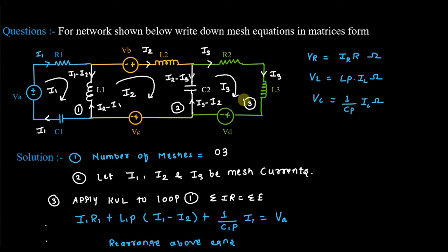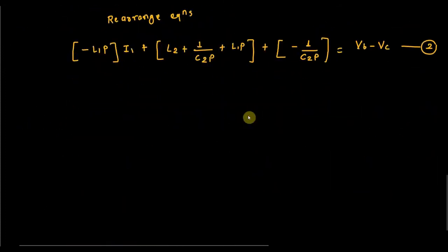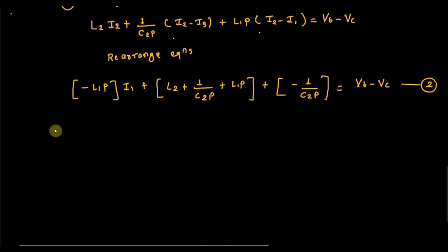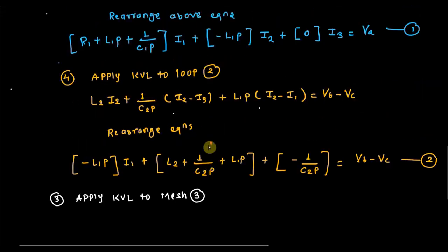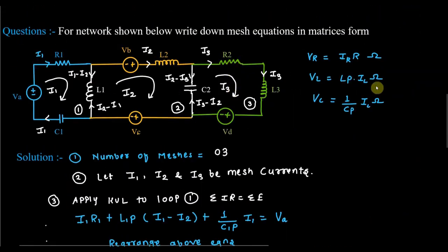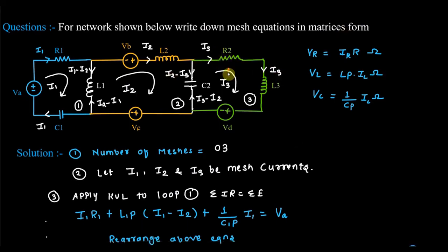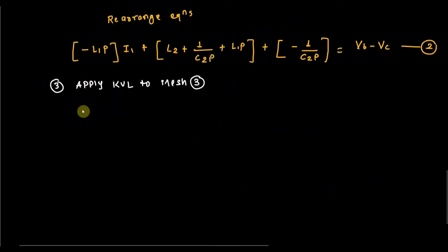Now we will write the equation for the third mesh. Apply KVL to mesh 3, or loop 3. The first term is R2 into I3.